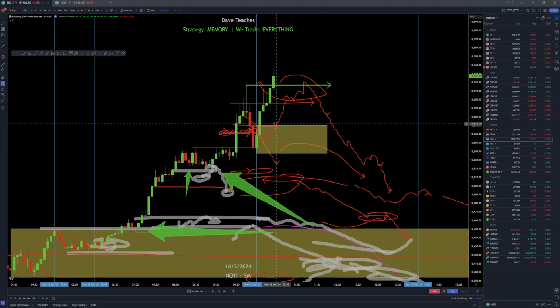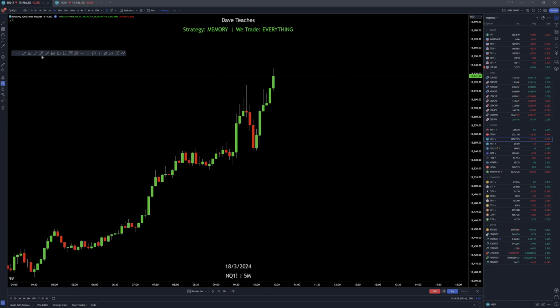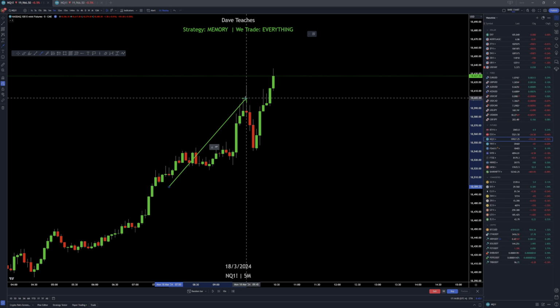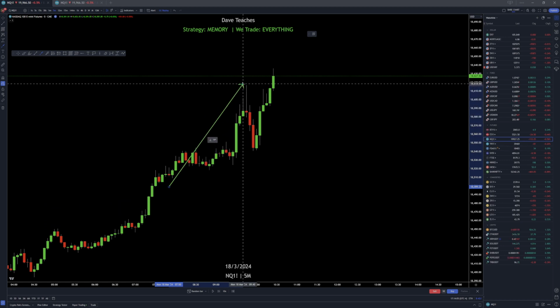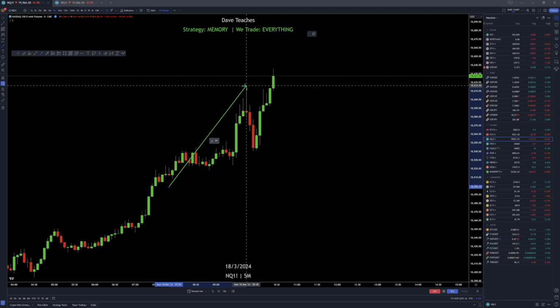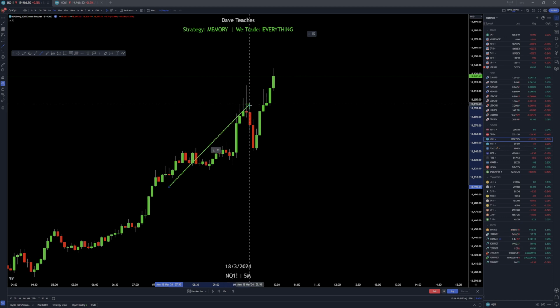So you guys see how when the market opens up you think we are short? This is 9:30, trading back up above to here, and you're thinking that we're short.